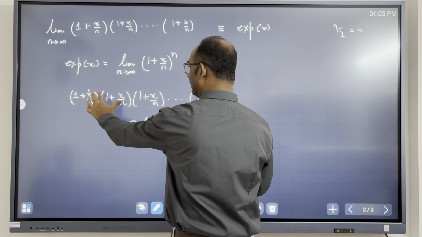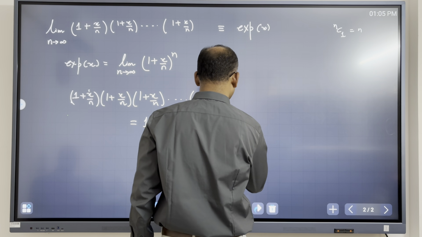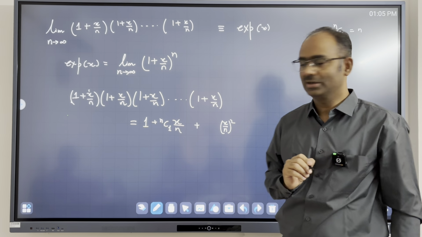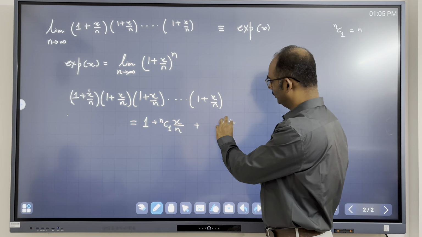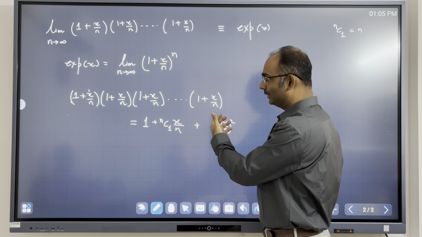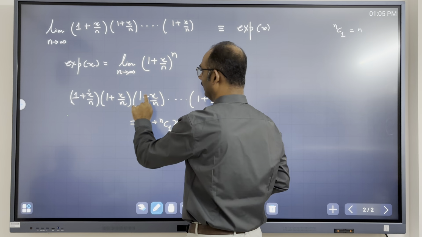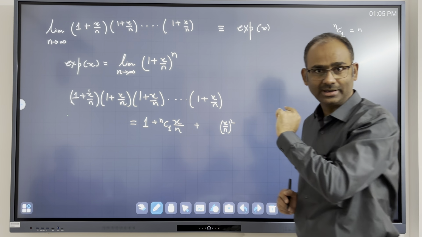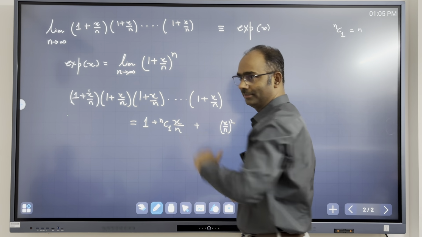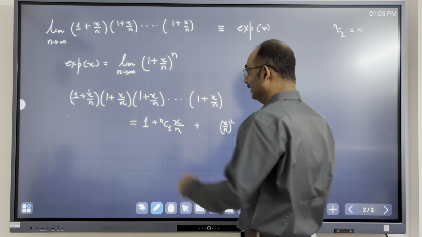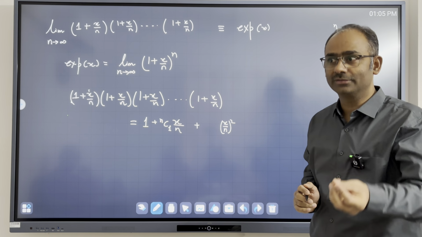now I want the degree 2 term. The degree 2 term is x over n whole square. If it is fast, let me know. So we are looking at the term x over n whole square. In what way can it be generated? It can be generated if I take this and that, multiply together, and take one from everyone else. In how many ways? There are a total of n things and you are choosing 2 of them.